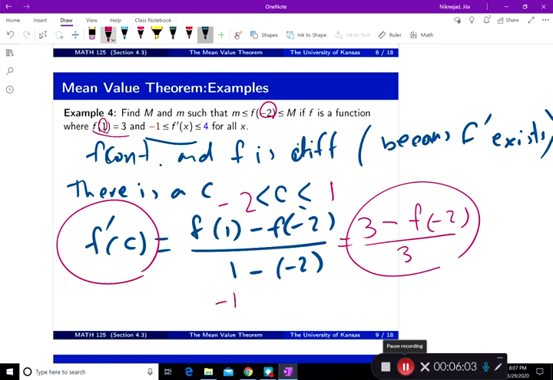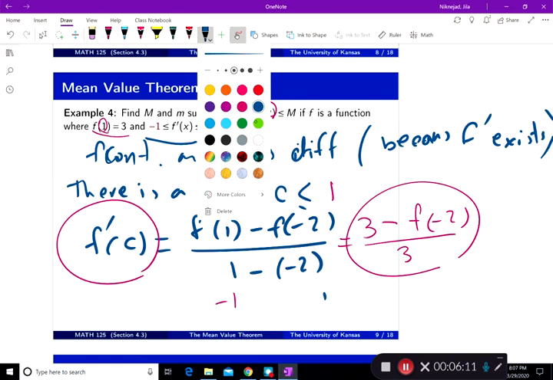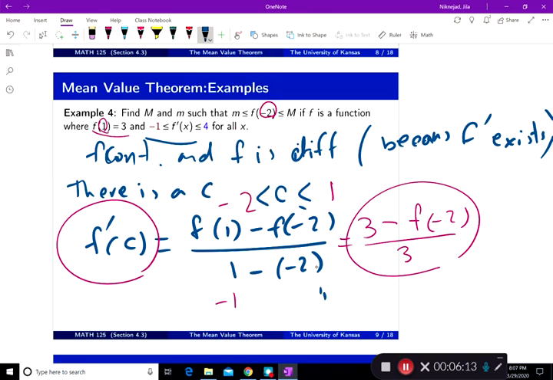So that's what I do. -1 and 4. So between -1 and 4, and this value is going to sit between them. So 3 minus f of -2 over 3. Now, can I solve the inequality and figure out an upper and lower bound for f of -2?